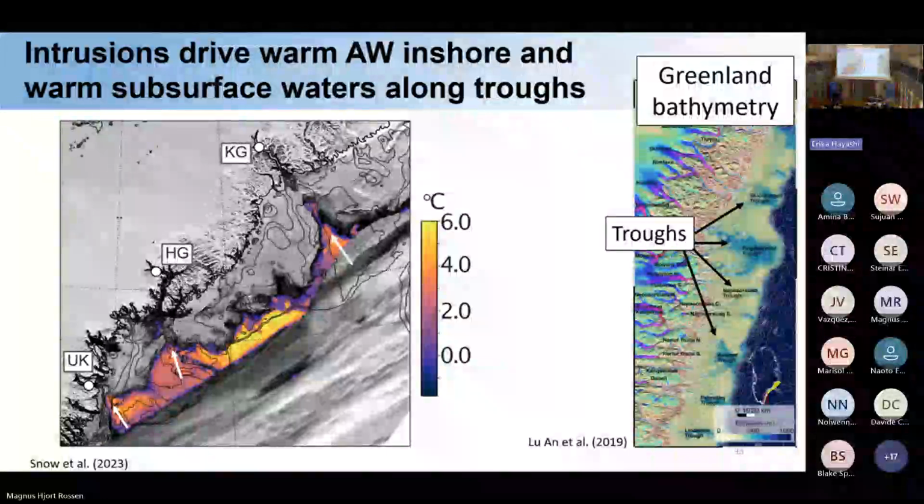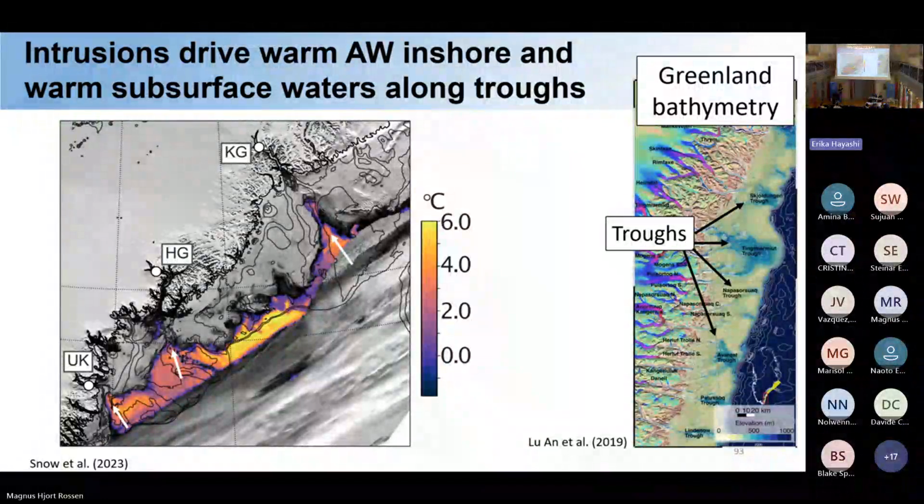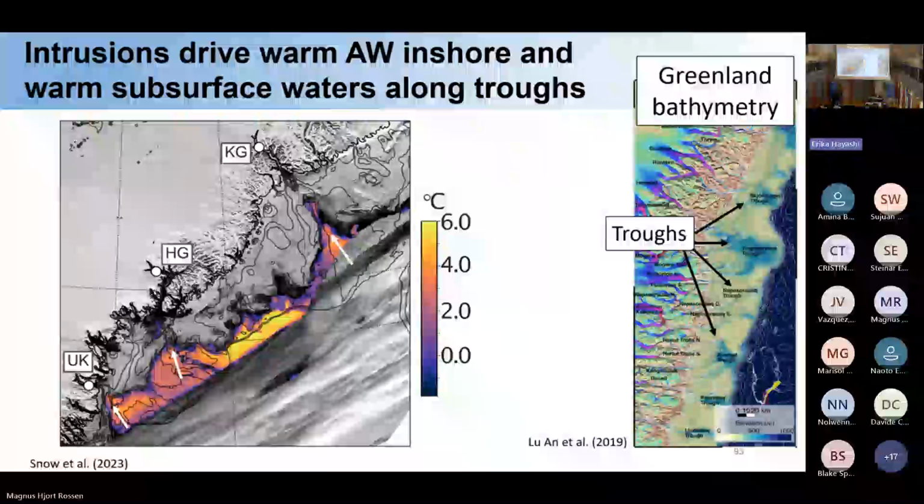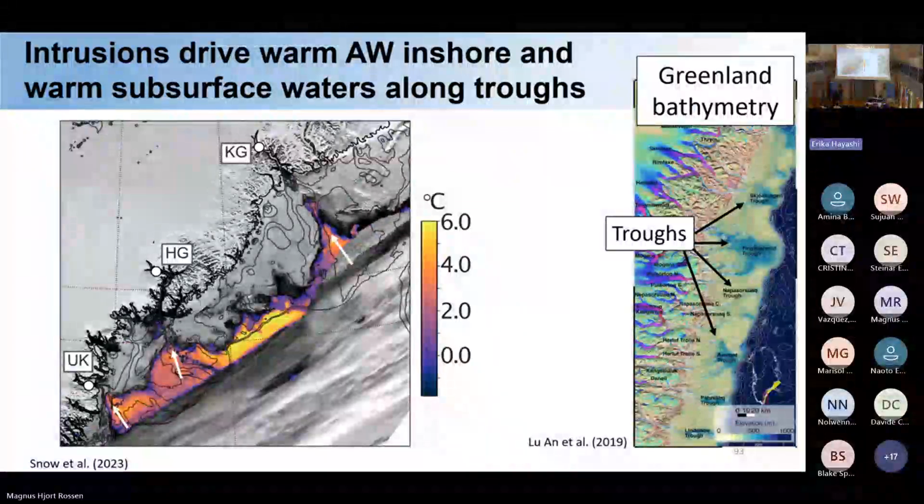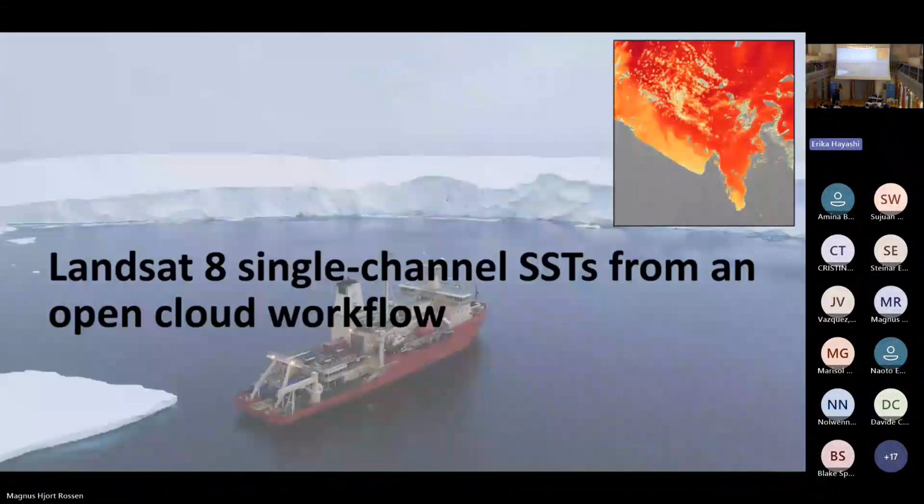But this is MODIS sea surface temperatures, which has a nominal resolution of 1 kilometer. A lot of these fjords are only about 1 kilometer across. So if we want to study ice-ocean interactions in the fjords, we need to get at something smaller. And that's where Landsat comes in. So we produced a single channel sea surface temperature from Landsat 8.